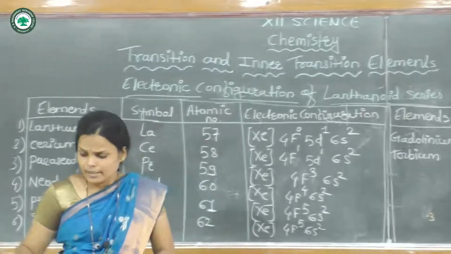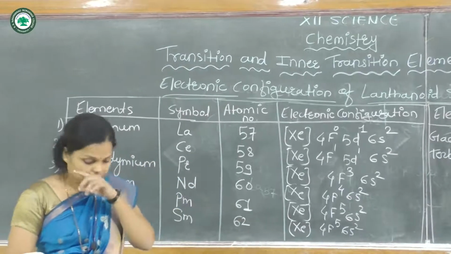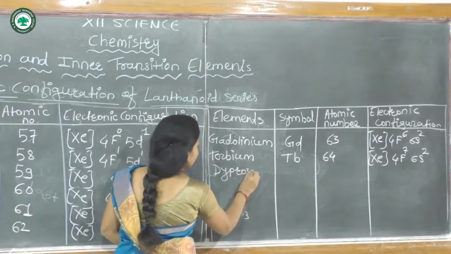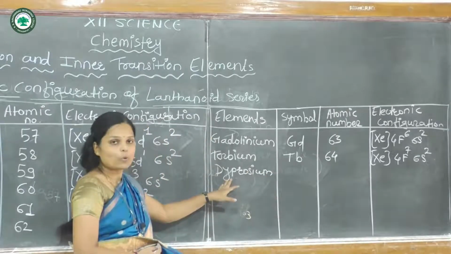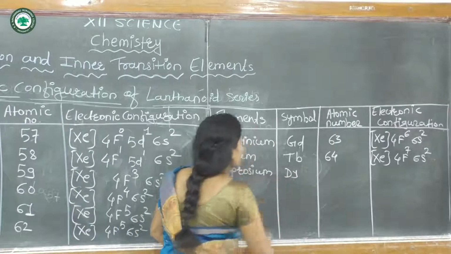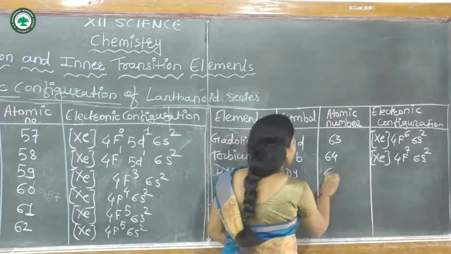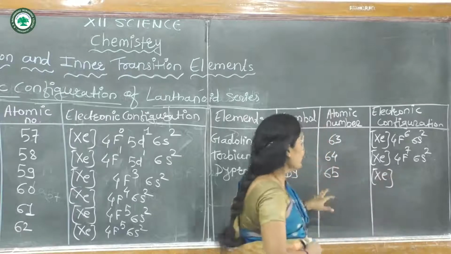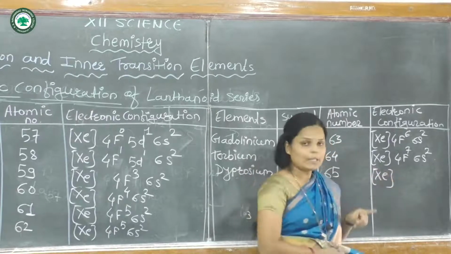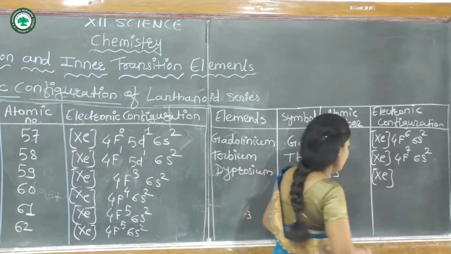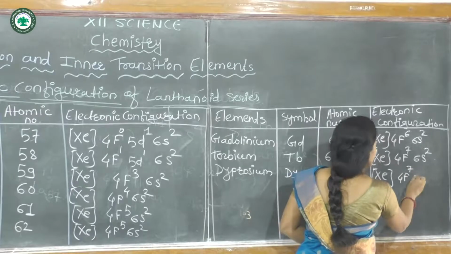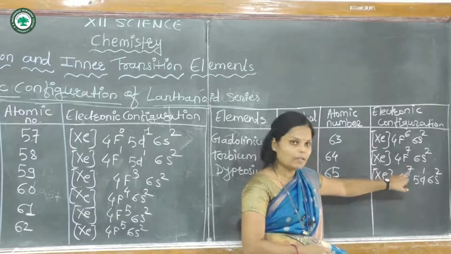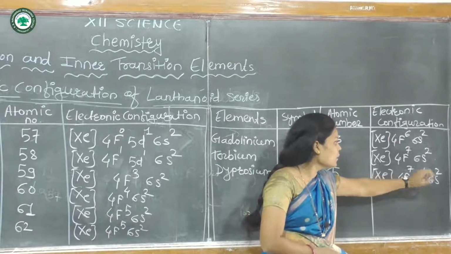Now the next element is dysprosium. The symbol of dysprosium is capital D, small y, and the atomic number is 66. Xenon, and the electronic configuration is 4f10 and 6s2.